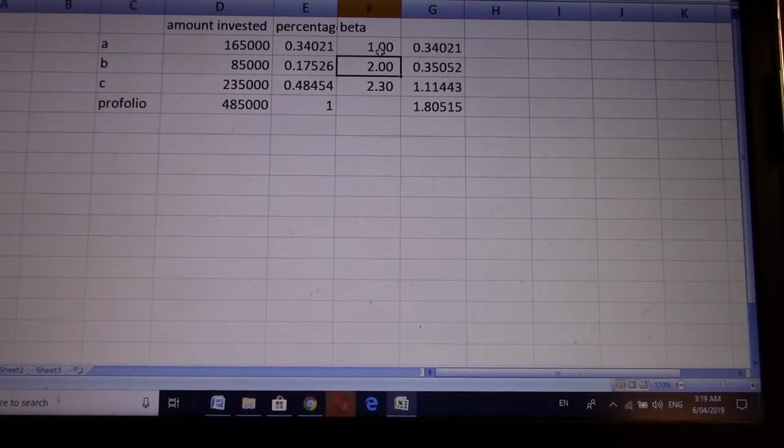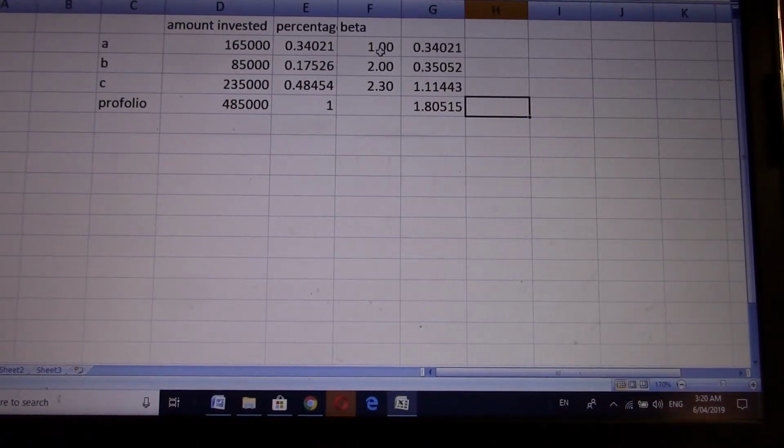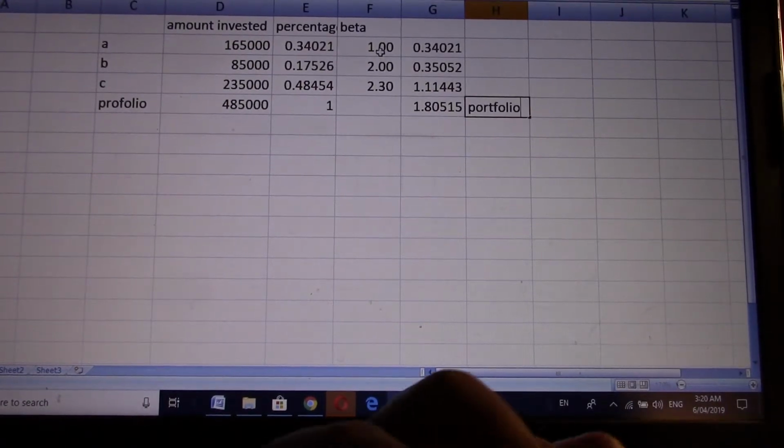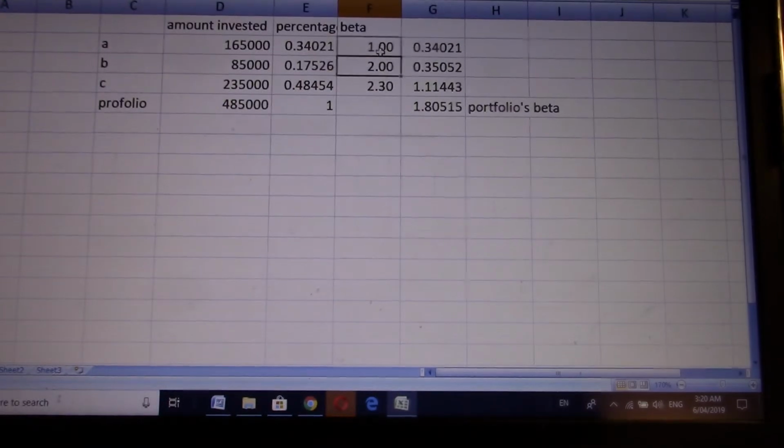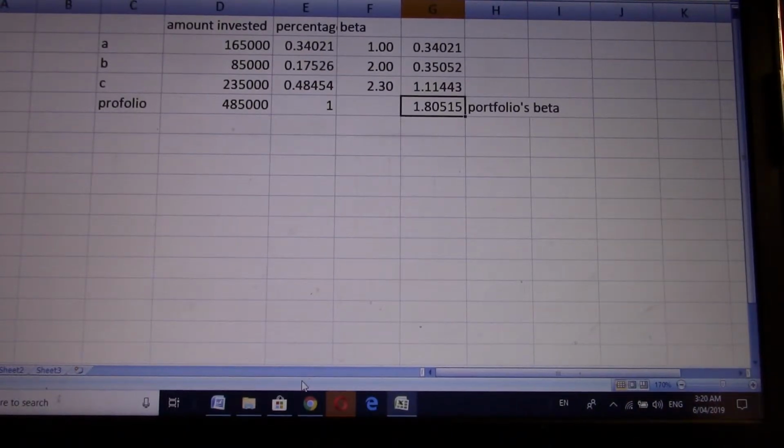So if you use this table, you can get this one will be your portfolio's beta. So if you know individual stocks' beta and the amount invested in each stock, you can figure out your portfolio's beta.